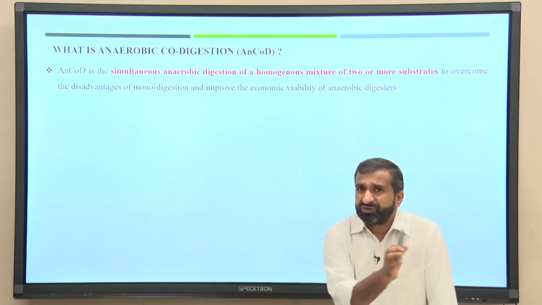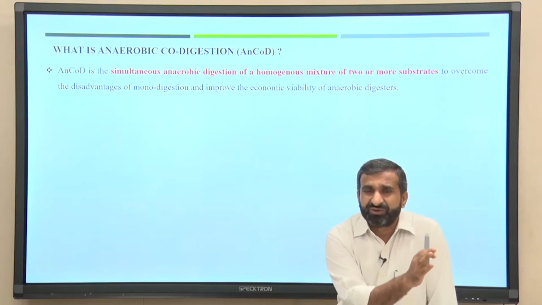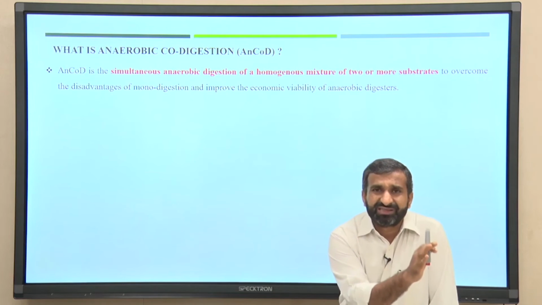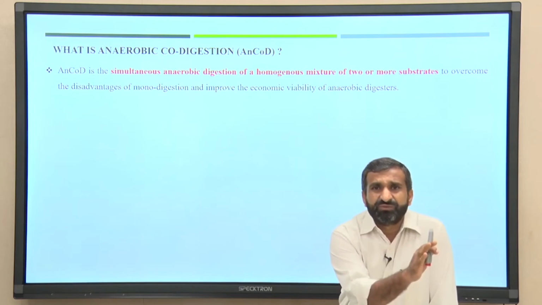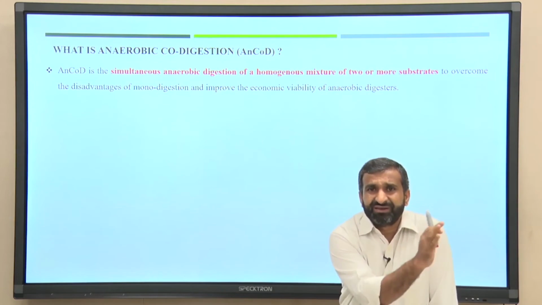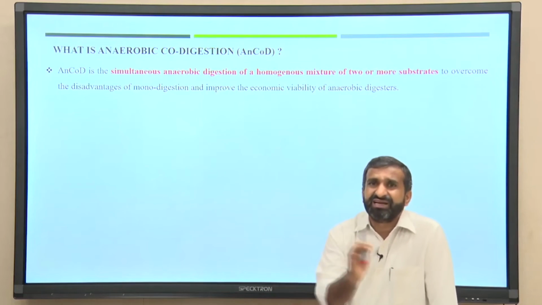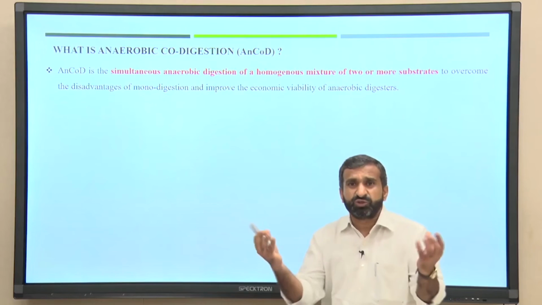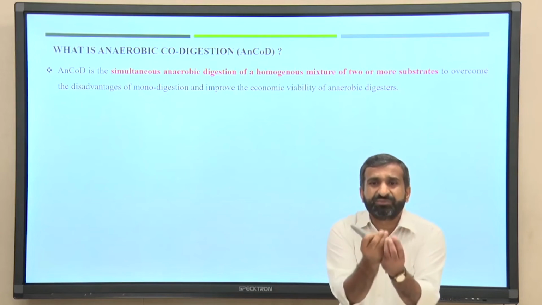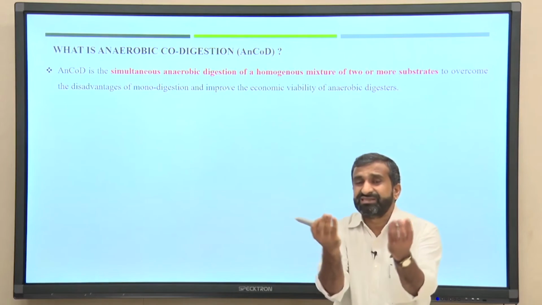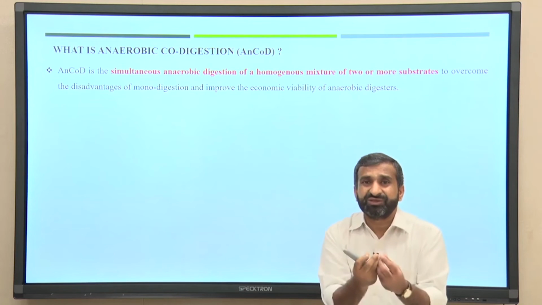See, now the one issue I talked about, this hydrolysis or pretreatment could be by different physical, chemical, biological process. This is another idea. If you add two different kinds of substrate, we can easily maintain the carbon to nitrogen ratio.